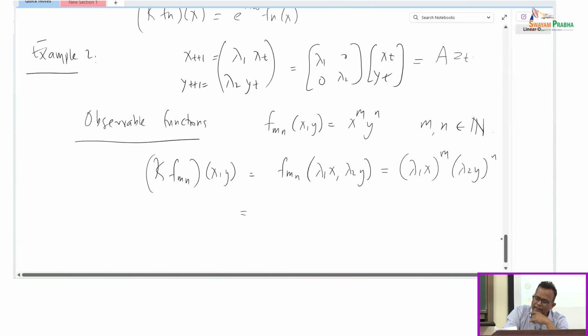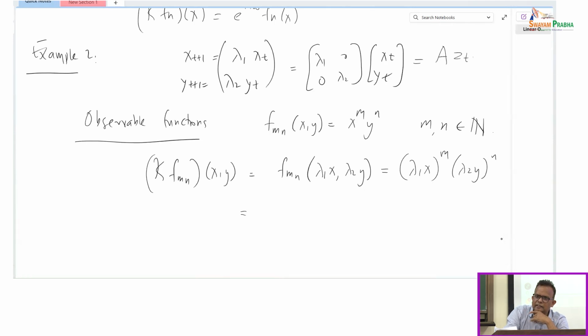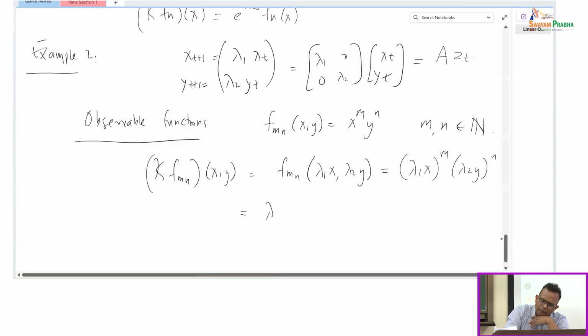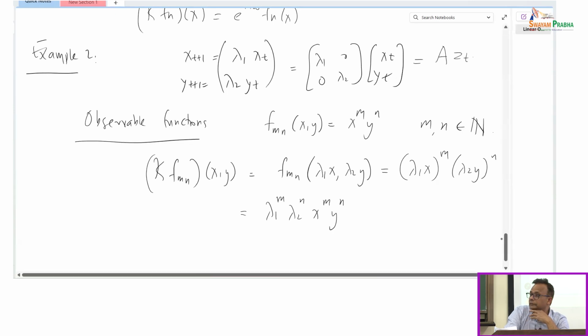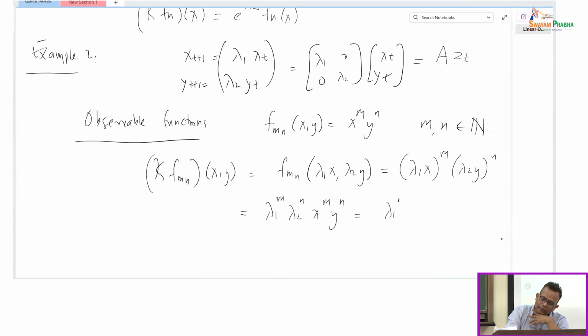If you want me to slow down, I can. I think this is a fairly straightforward calculation, right? So this becomes lambda 1 power m, lambda 2 power n, x power m, y power n, right? So what does this tell you? This is lambda 1 power m, lambda 2 power n, f m n of x, y.